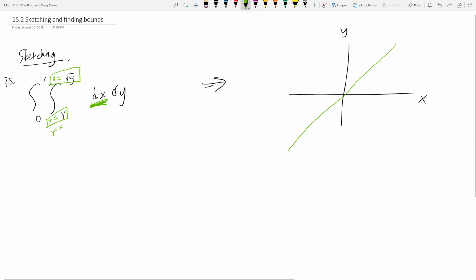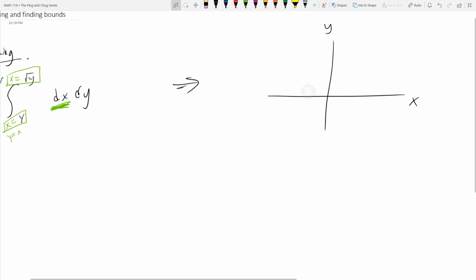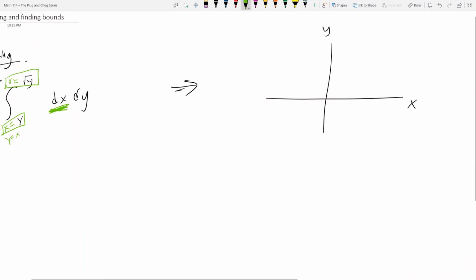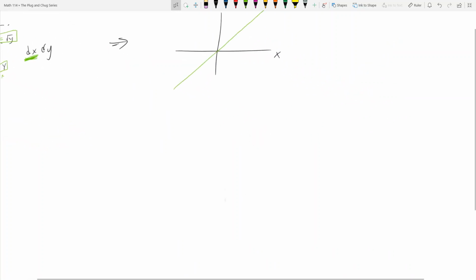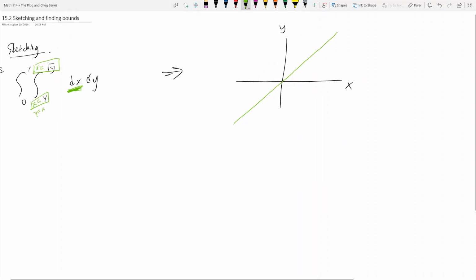I know it's not perfectly straight. Let's see if I have a straight edge. This will do. It'll be like that. So that's y equals x, or x equals y. And now I want to draw x equals root y.